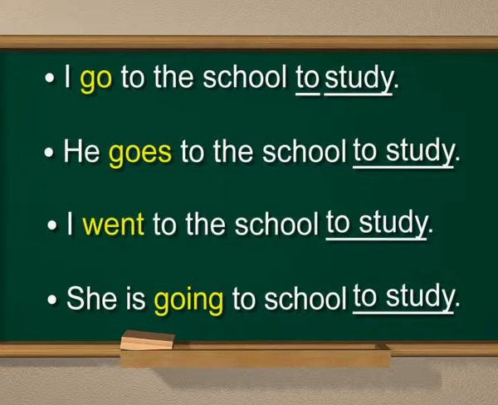Does it change? No, it does not change with the change of the tense or the noun or pronoun, as in all these four sentences. To study has not been changed into any other form. Therefore, to study is a non-finite verb.